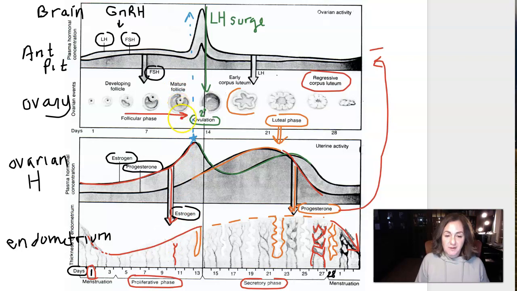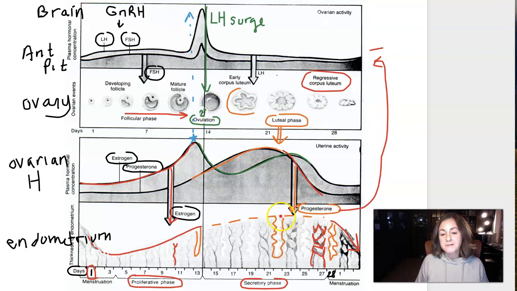Once we have a mature follicle, it secretes a lot of estrogen. That's going to cause the brain to release a big burst of LH. That LH surge will cause ovulation, will cause the estrogen level to drop, but LH is going to cause formation of the corpus luteum. And progesterone is going to be secreted in high levels from the corpus luteum.